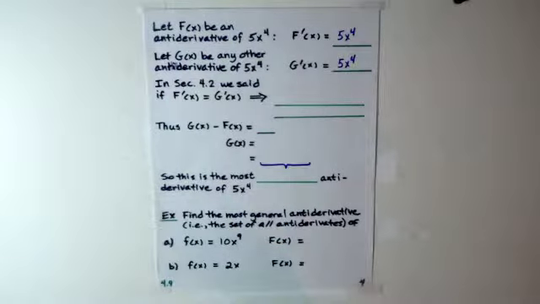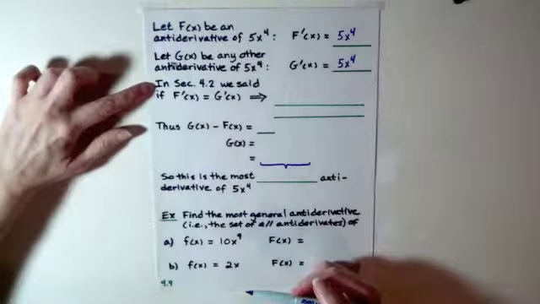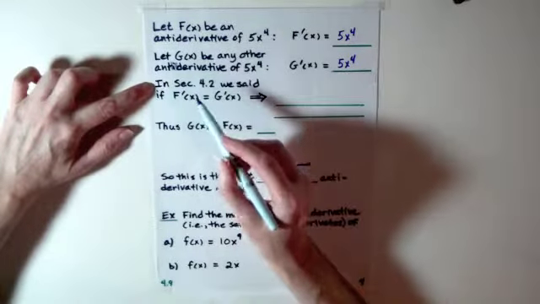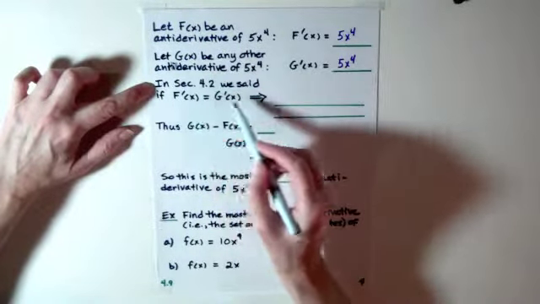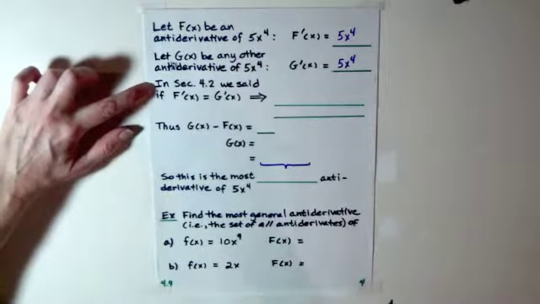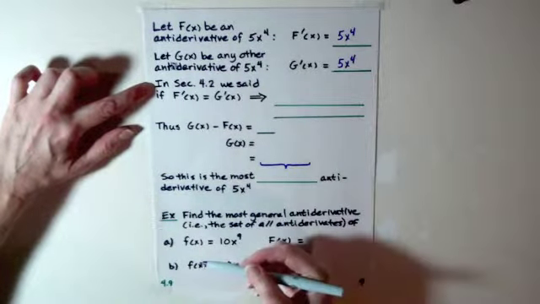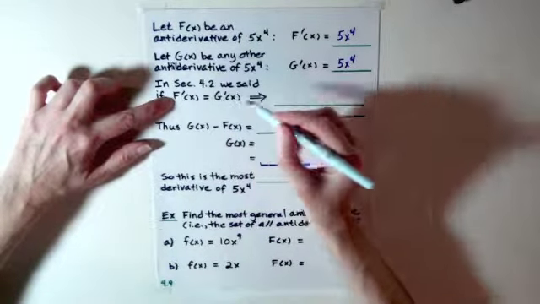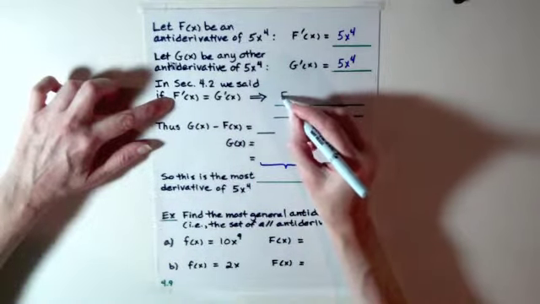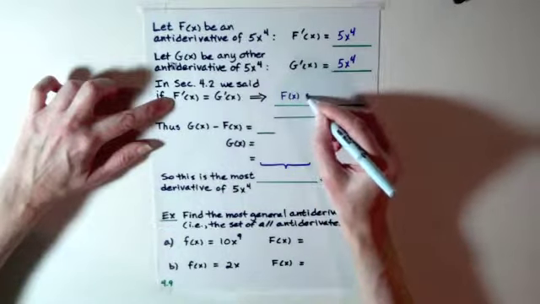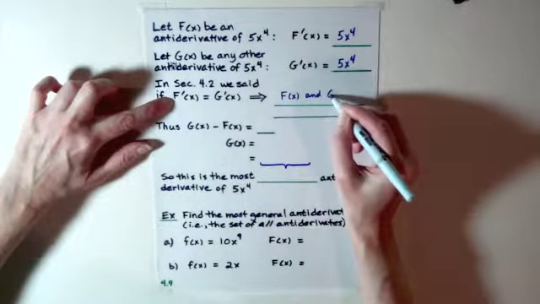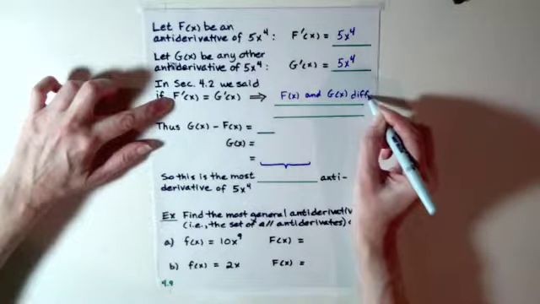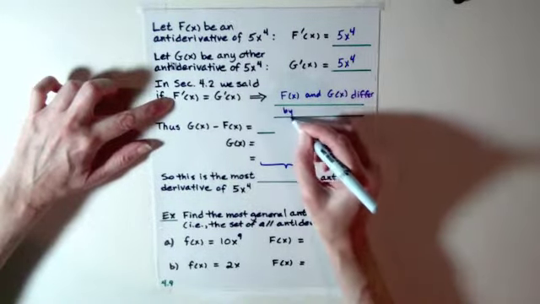Well, if you go back to an earlier section in our textbook, section 4.2, we said something about F and G if their derivatives are the same for all x values in some interval. We said that if capital F prime equals capital G prime, it means that capital F of x and capital G of x differ by a constant.